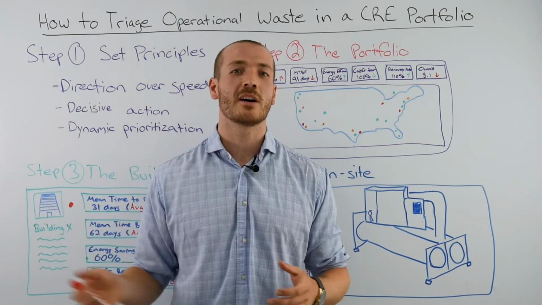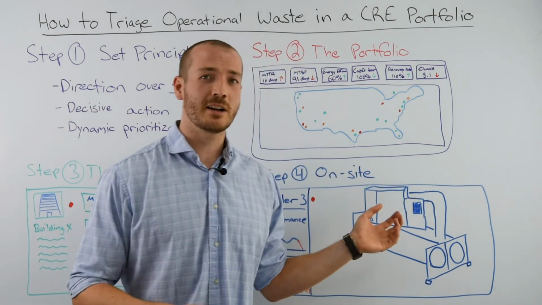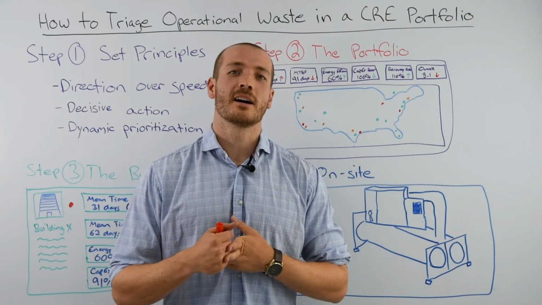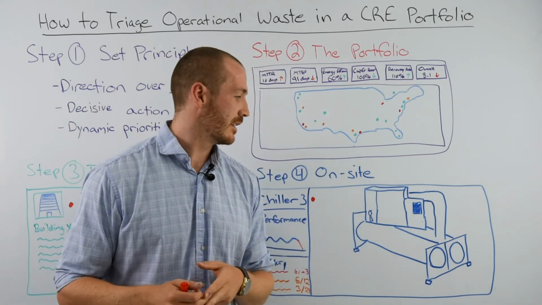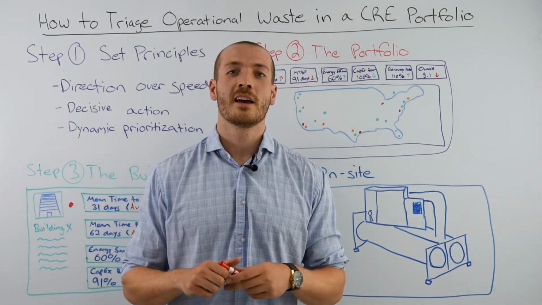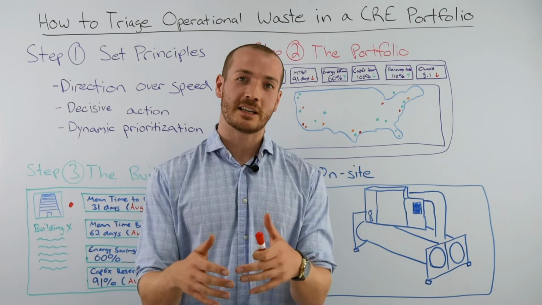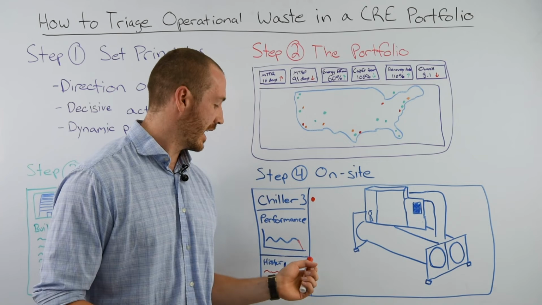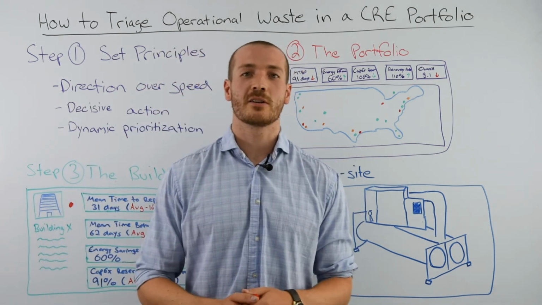We've evaluated all the pieces of equipment, and chiller number 3 is having way more breakdowns and is causing third-party repairs way more often. And so we want to drill down to that specific piece of equipment and look at its current performance, look at its history, and understand what's going on.